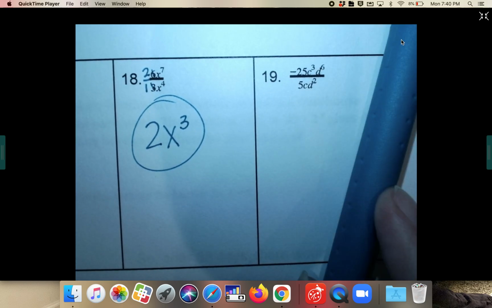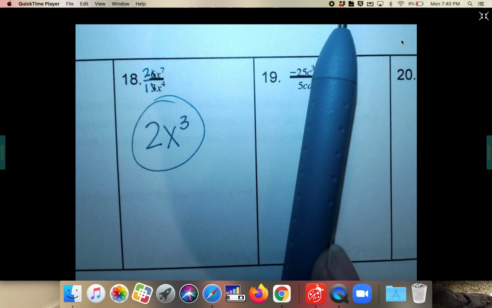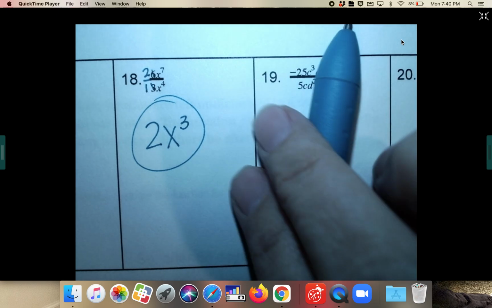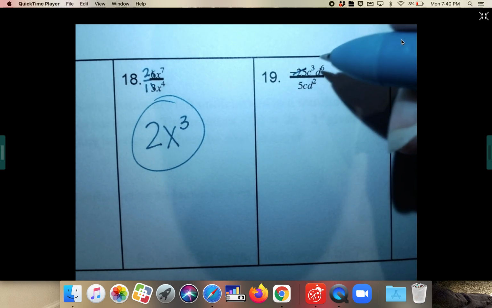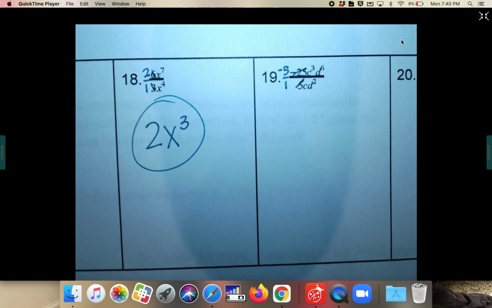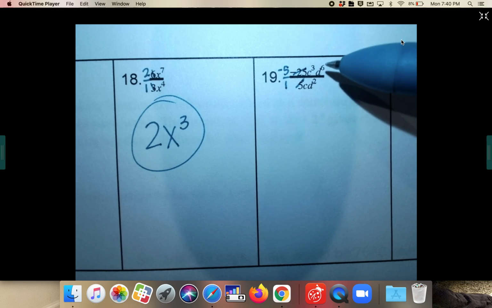Okay, 19. Again, forget your C's and D's for just a second, and let's look at the fraction you have of just numbers. You have negative 25 divided by 5. So what is negative 25 divided by 5? It is negative 5. Or if you want to put it over 1, that's fine, but this is going to simplify to negative 5 over 1. Okay, now let's look at your C's and D's.